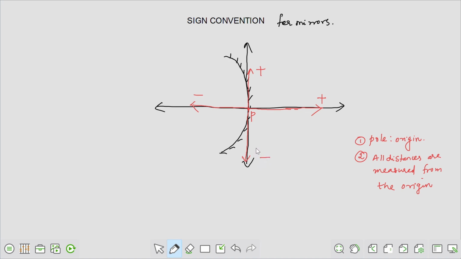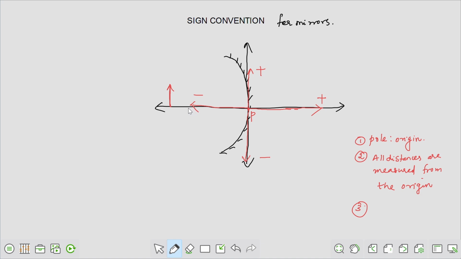These are the important points that you should remember. Now the third important point is that the object is always placed in front of the reflecting surface. Your reflecting surface should face towards your left, and the object is always placed on the principal axis, to the left of the mirror, in front of the reflecting surface.